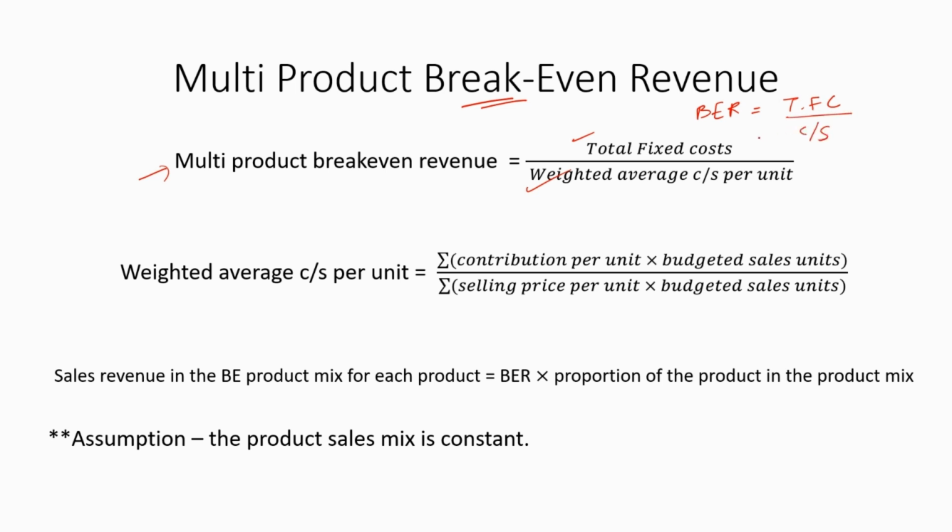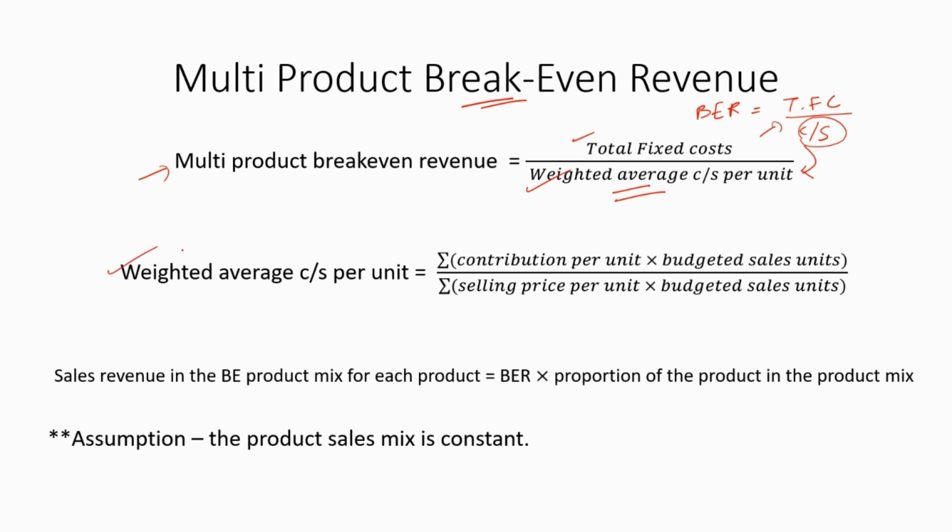But we cannot use this formula here. This is because now there are more than one product. So this CS ratio should be a weighted average value. This is why we use the weighted average CS ratio per unit in order to calculate the multi-product break-even revenue.